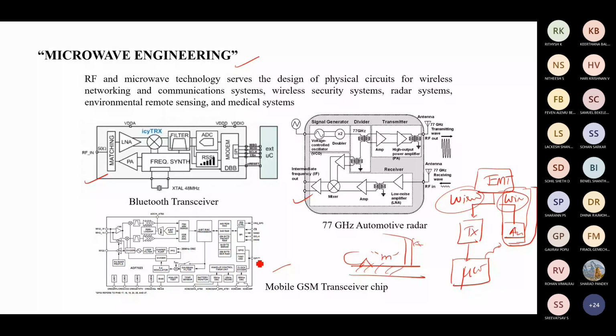Your mobile phone is working not because of any Android app or anything else. Your internet, everything works because of these kinds of microwave systems, which are developed by RF and micro engineers, and they are few in number, but their application is very huge.